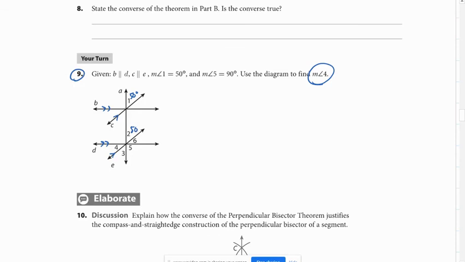And we know that angle 5 is 90. So if that's 90, then that means that is a right angle, that is a right angle, that's a right angle all the way around. And so 2 and 6 together add up to 90. So that means angle 6 must be 40. And angle 4 is a vertical angle to 6. So if 6 is 40, then angle 4 has to be 40 also.